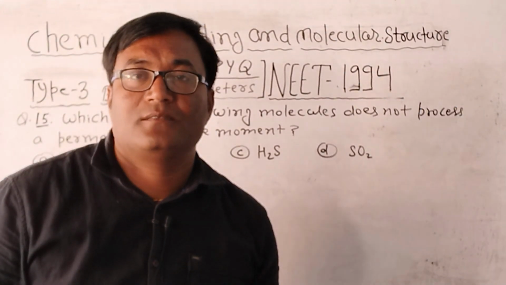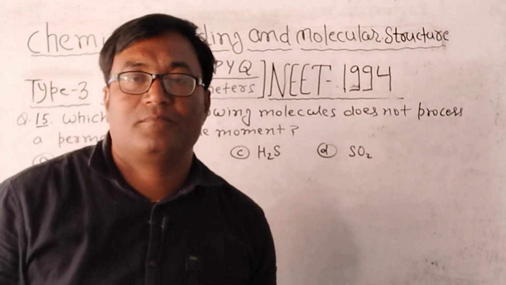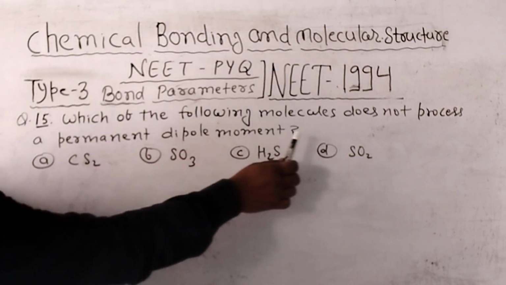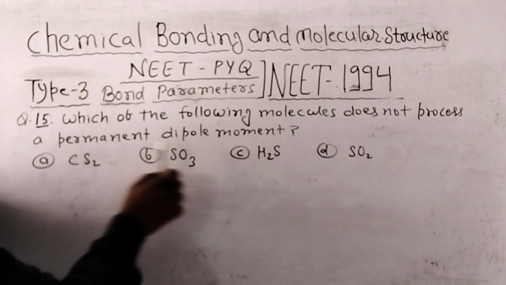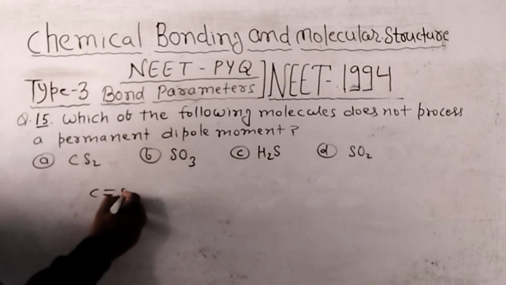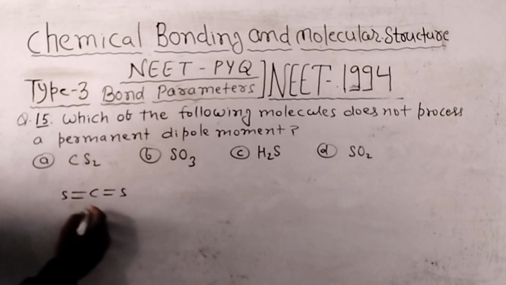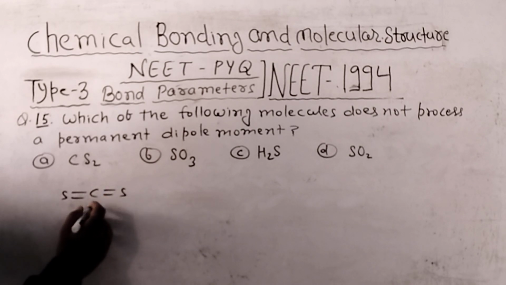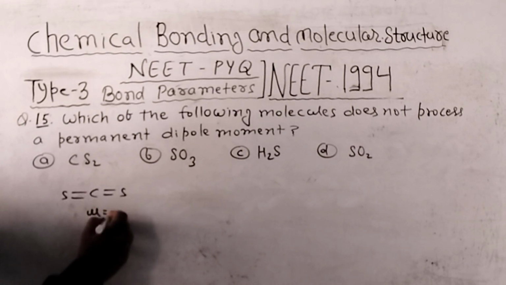Question number 15 is completely based on calculation of permanent dipole. According to this question, which of the following molecules does not possess a permanent dipole moment? In case of CO2, the structure is linear, so this is completely non-polar. No dipole, mu is equal to 0.